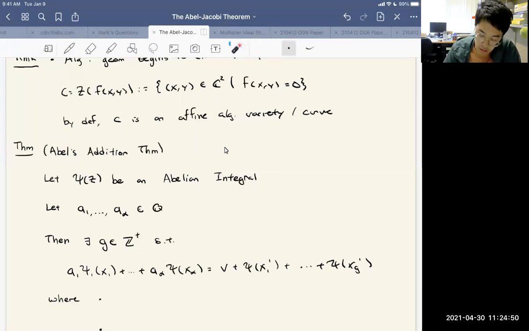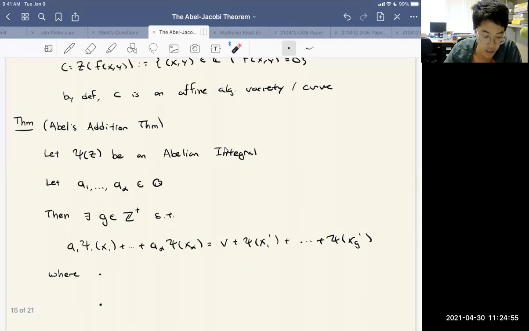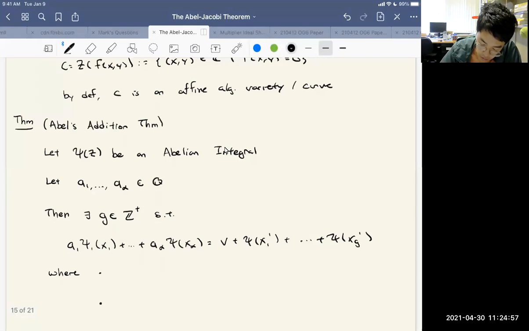So there's a lot going on in the notation of this theorem. Let me try to break it down. So here we think of the xi's as independent complex variables.